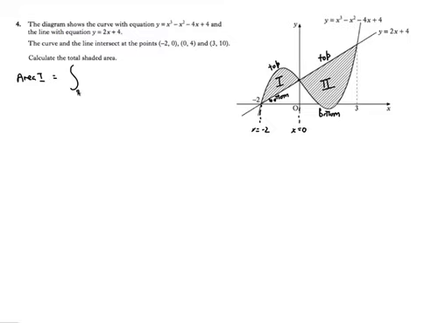So left to right, minus 2 to 0. It's the integral from minus 2 to 0 of the top curve, which is this, x cubed minus x squared minus 4x plus 4, minus the bottom curve, which is 2x plus 4.